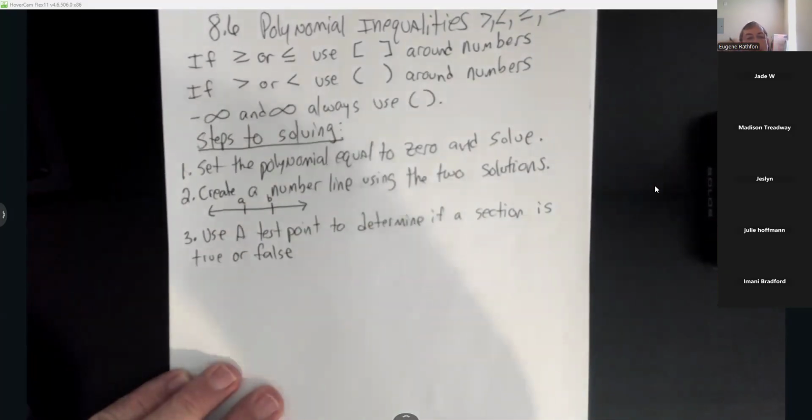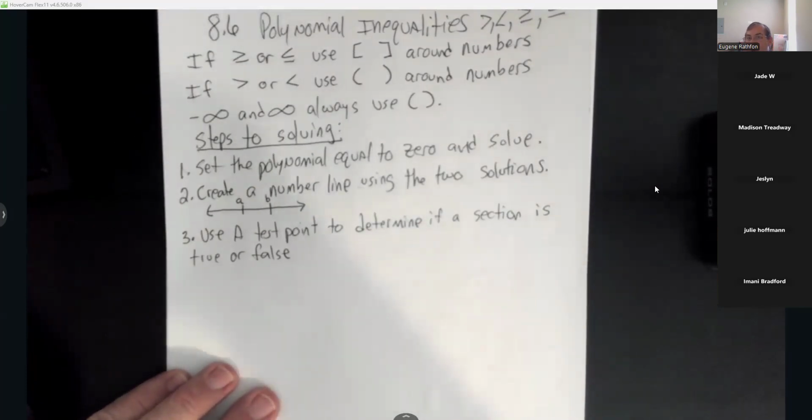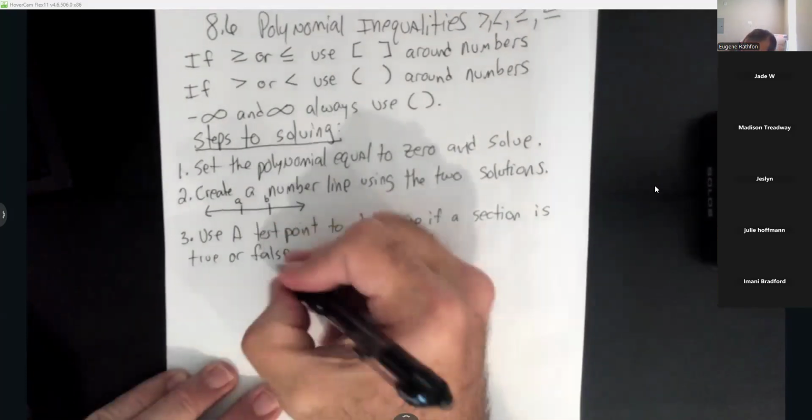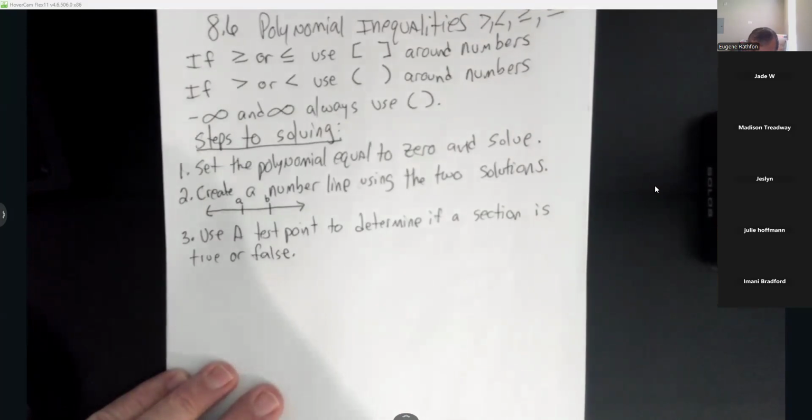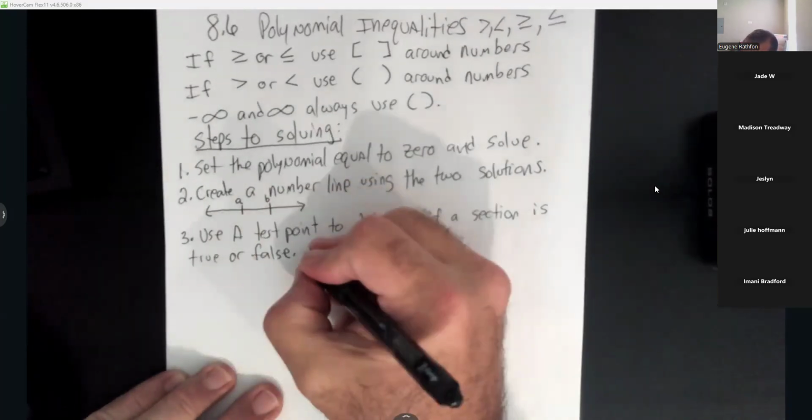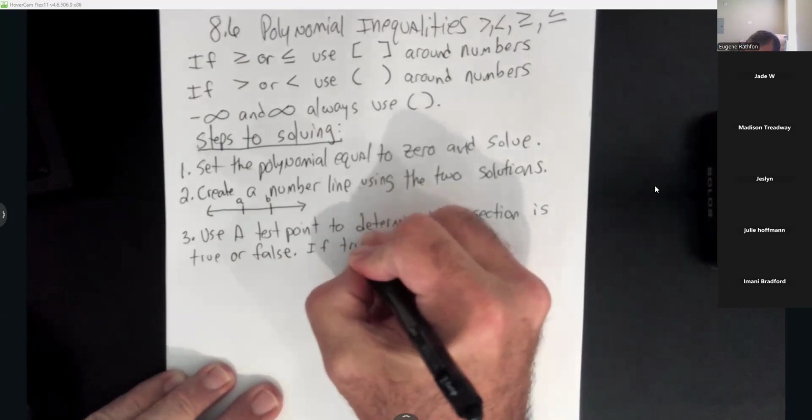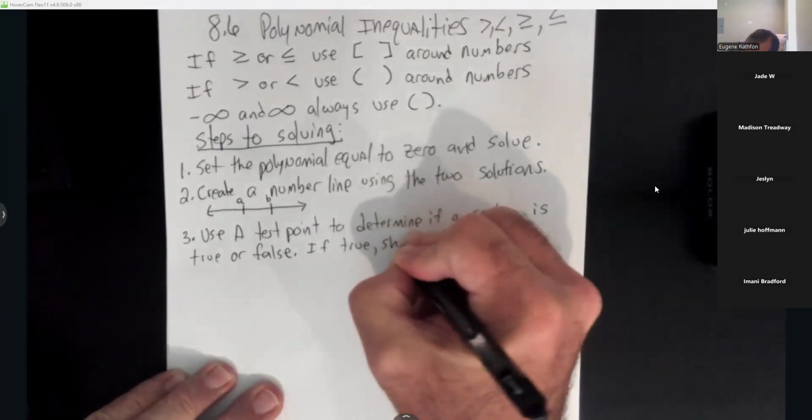And I check that by plugging it back into the original polynomial, okay? So I'm going to check and see if a section is true or false. If it's true, shade that section.